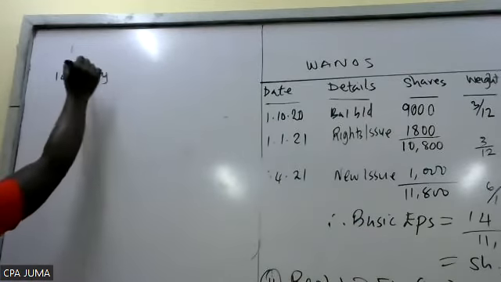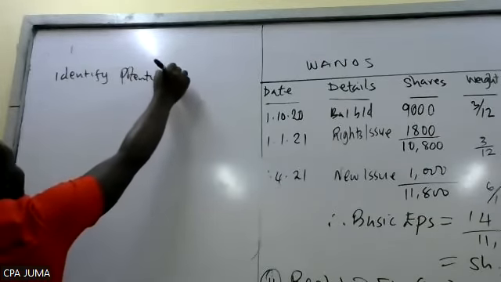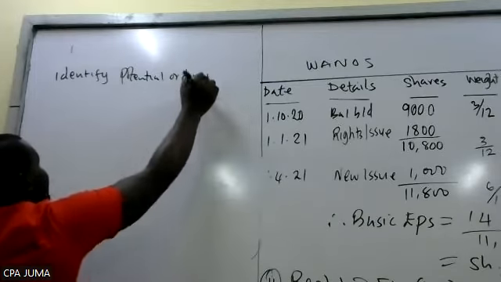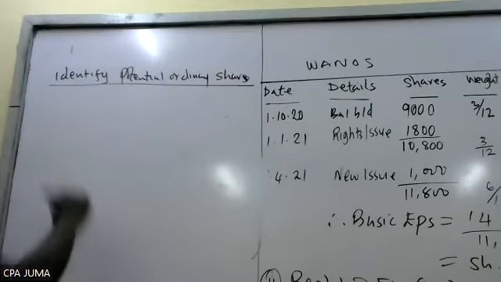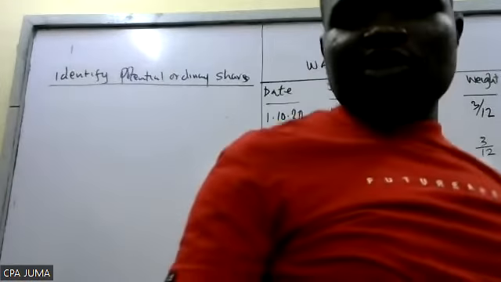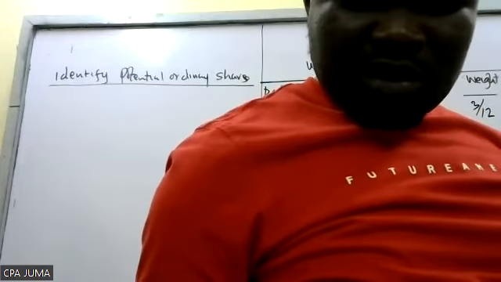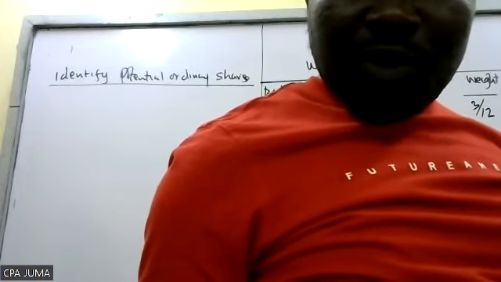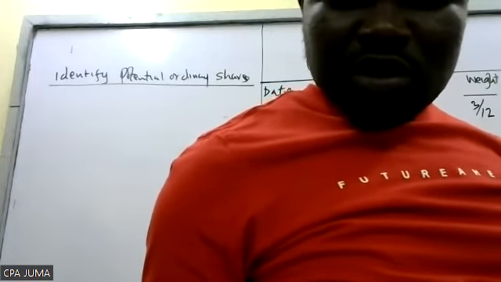You are capable of seeing, identify potential ordinary shares. You see, like you now, you are potential of becoming CPA case because you are just remaining with few papers to go. So you are very much potential.